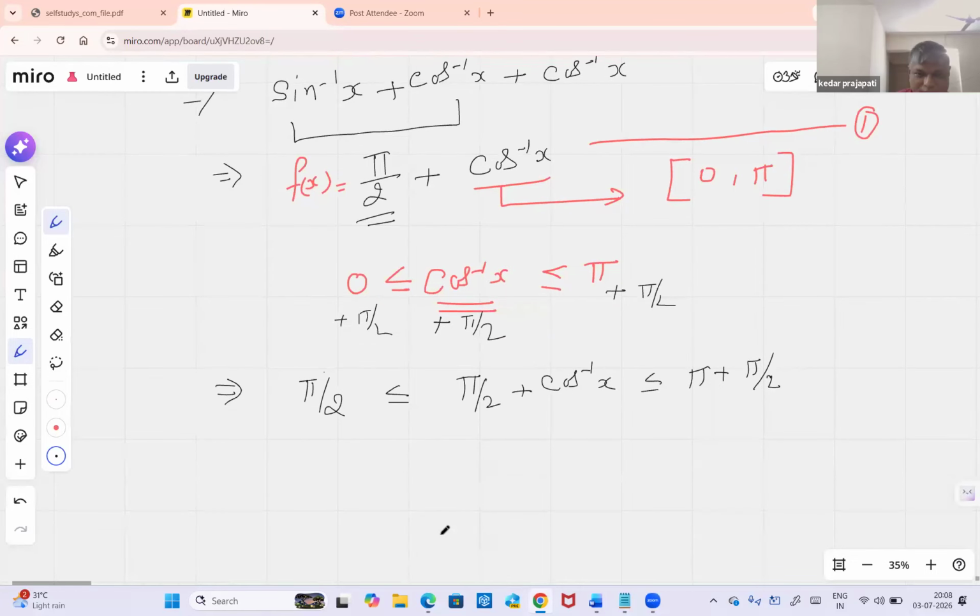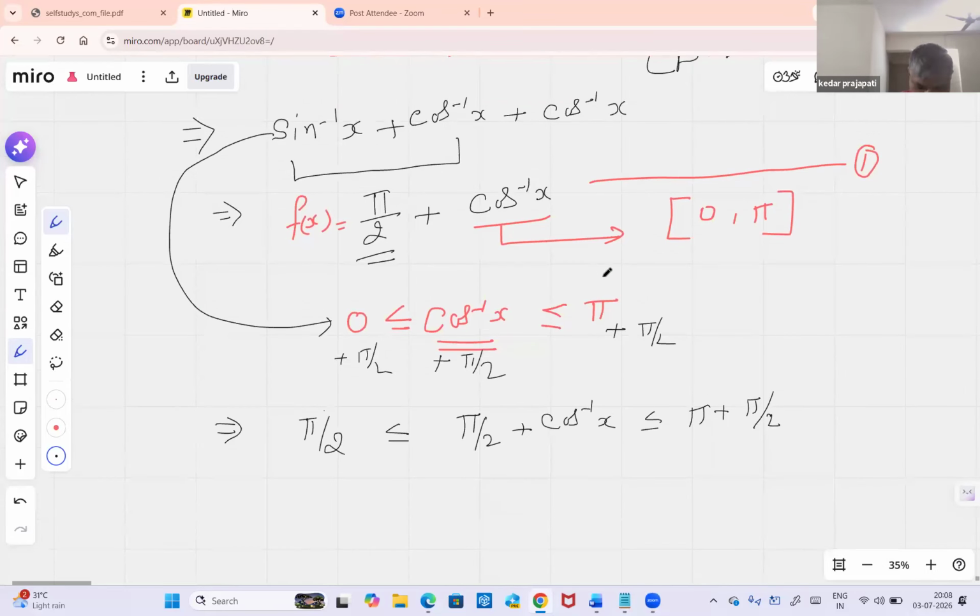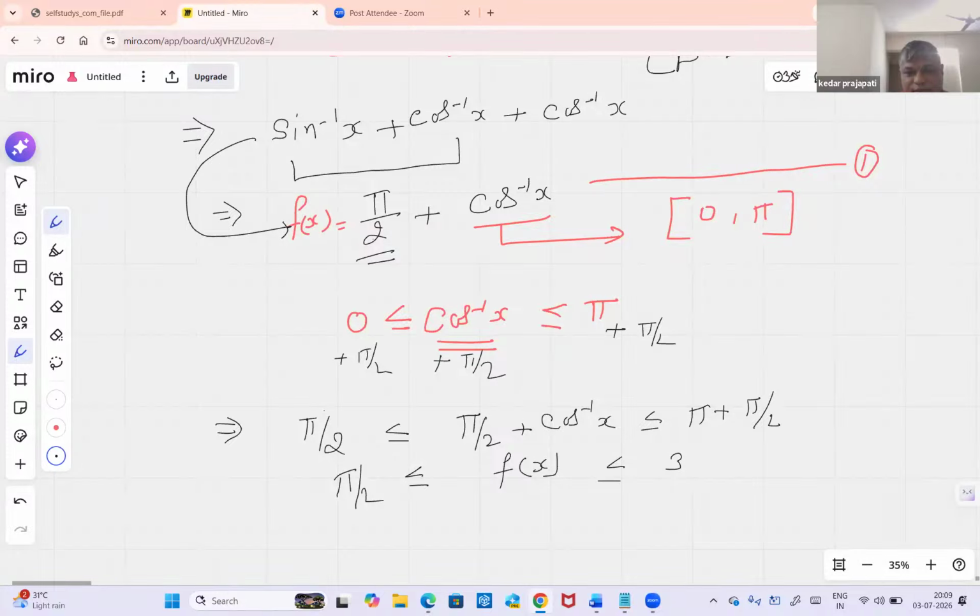Now, do you think now we can solve it? Because the question gave this only. We have simplified the question to here, and both are the same. And we found this is just f of x. It means our f of x is, we found, this is 3 pi by 2.